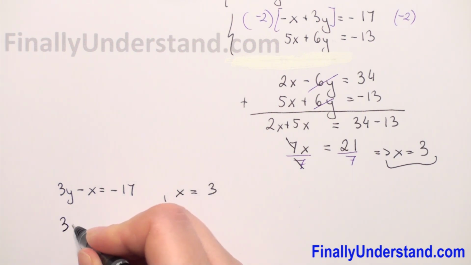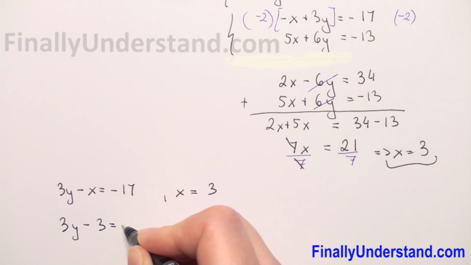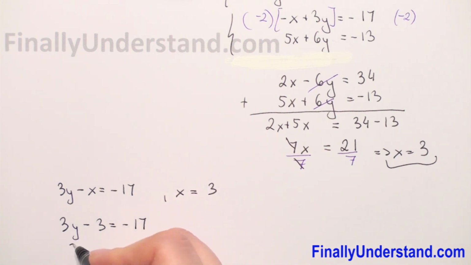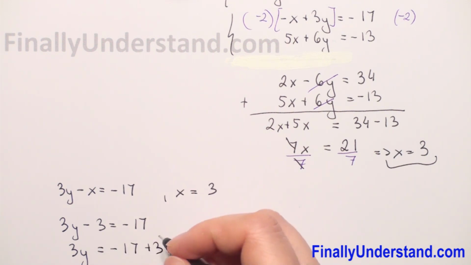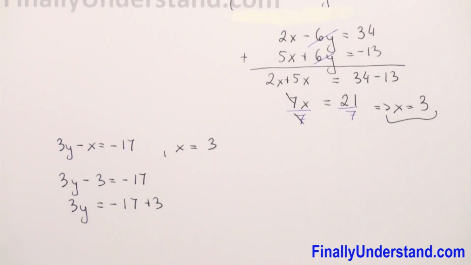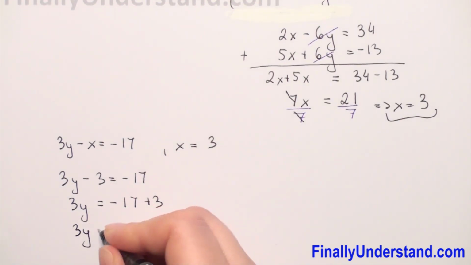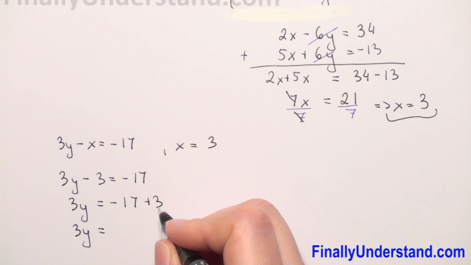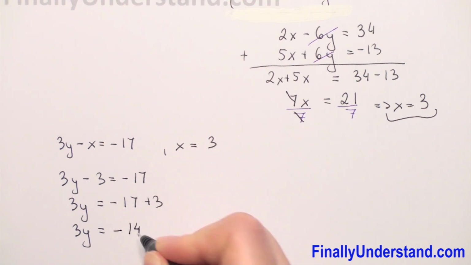So we have 3y minus 3 is equal to negative 17. 3y is equal, I will move negative 3 to the right side, so it will be negative 17, and now it will be positive plus 3. So we have 3y is equal to negative 17 plus 3, so this is negative 14.